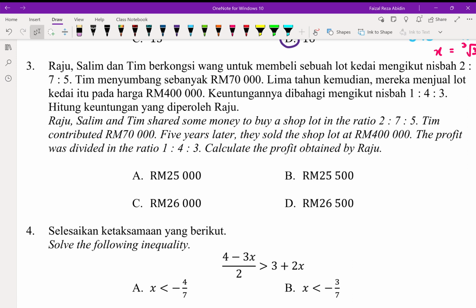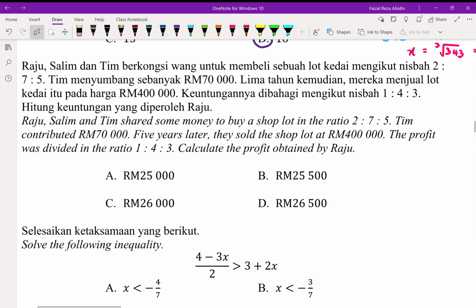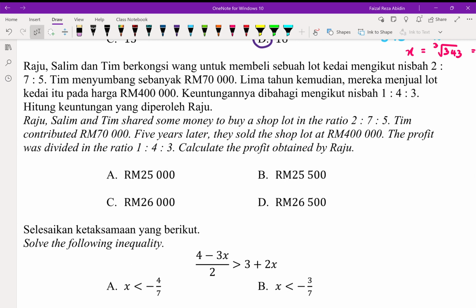Okay, so who did we have over here? We have Raju, we have Salim, we have Tim. So in the ratio, this one you must follow, which is Raju is going to be 2, Salim is going to be 7.